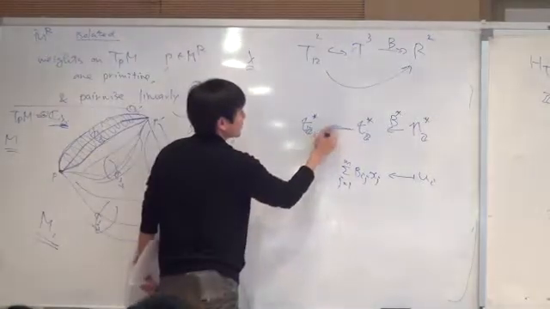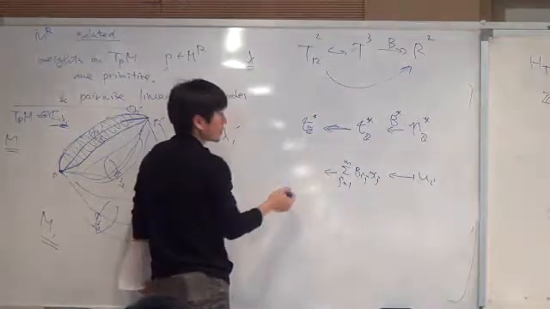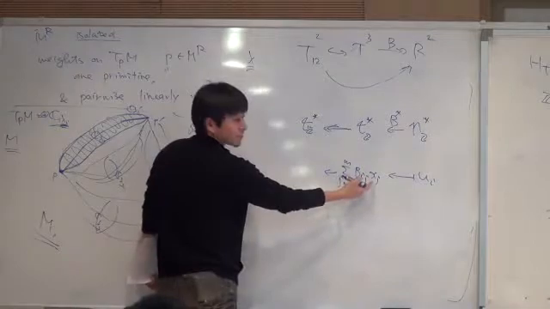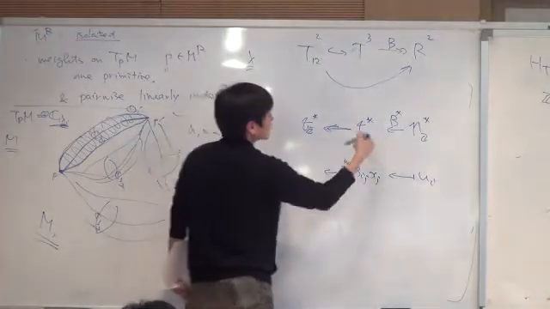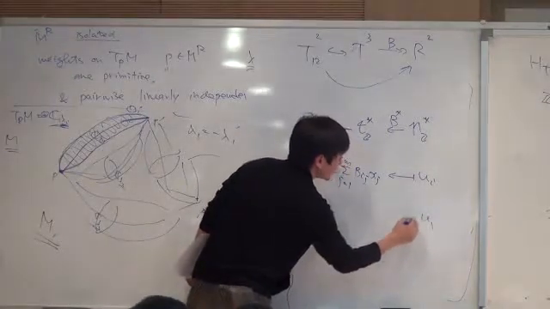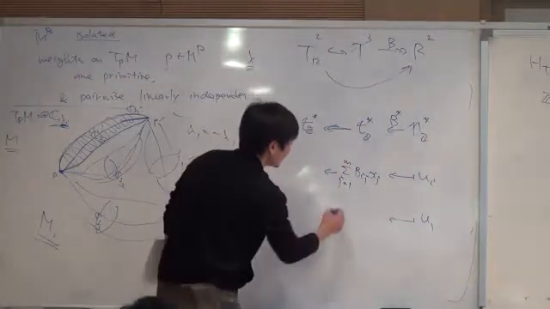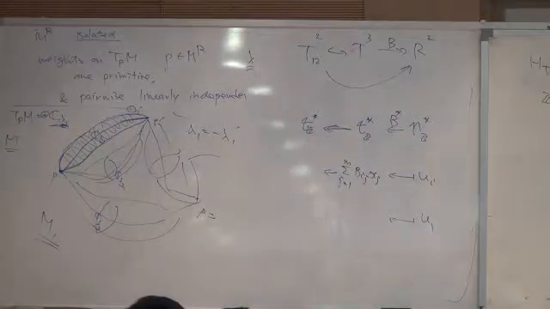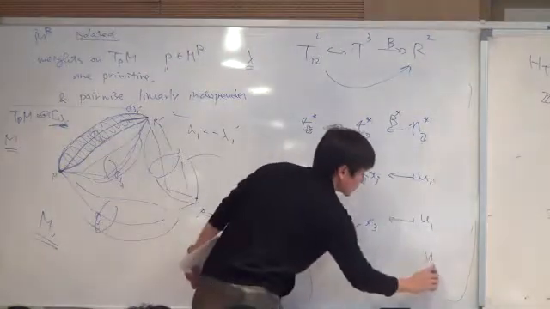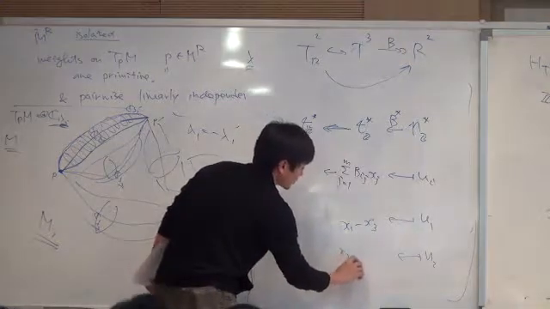Now, what is this map? You're killing some variable, right? So in this case, U1 goes to, the B matrix is here, U1 goes to x1 minus x3, and U2 goes to x2 minus x3.